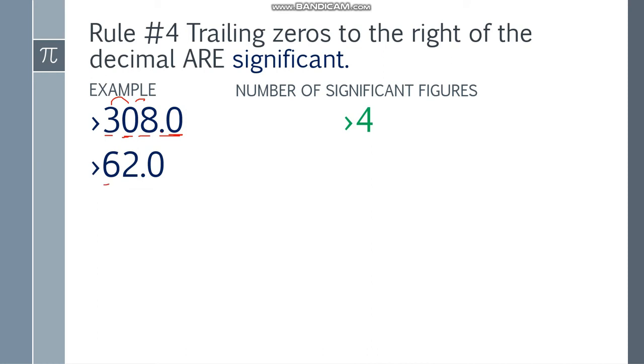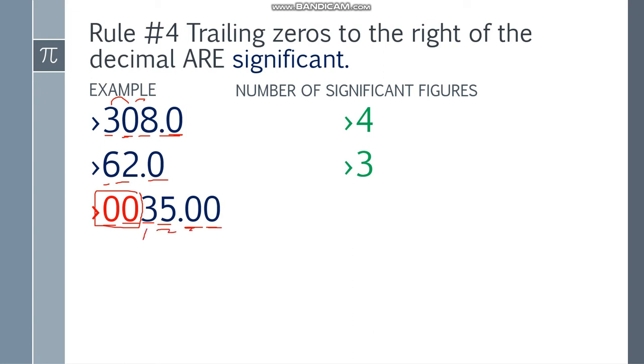Yes, so 1, 2, and 3: three significant figures. Next one, 003500. These two zeros are leading zeros, so they are not counted as significant. The two zeros at the right are to the right of the decimal, so they are considered significant. So you have 1, 2, 3, 4: four significant figures.